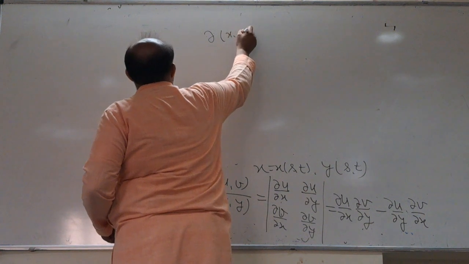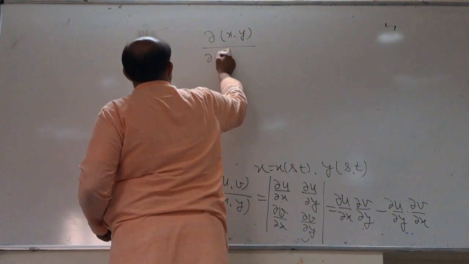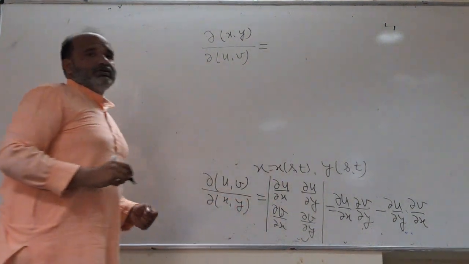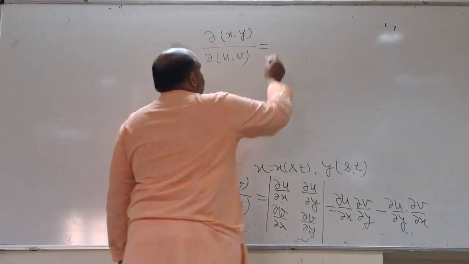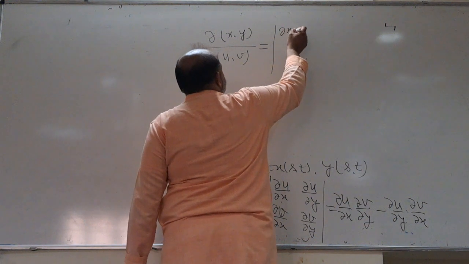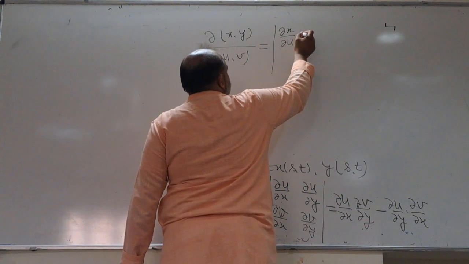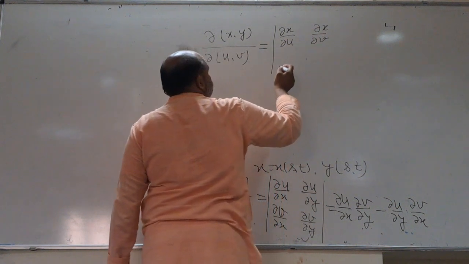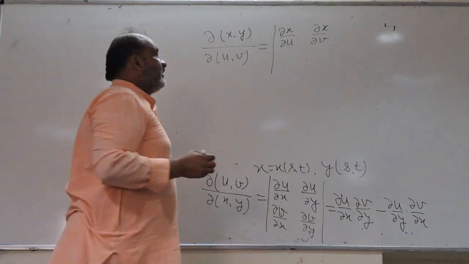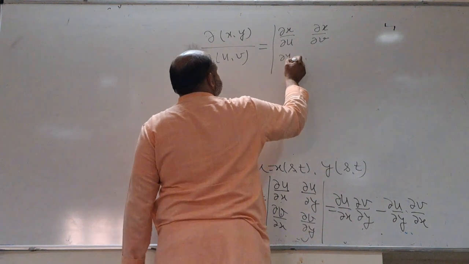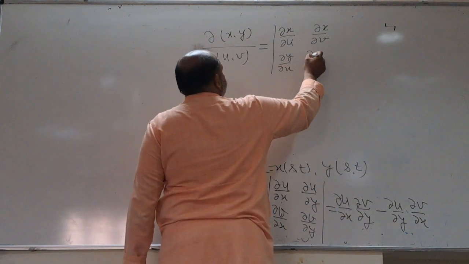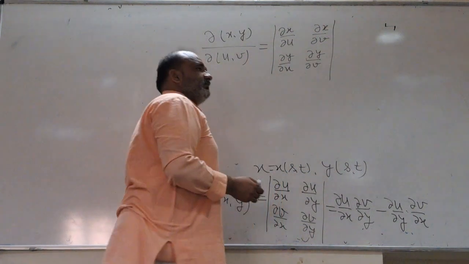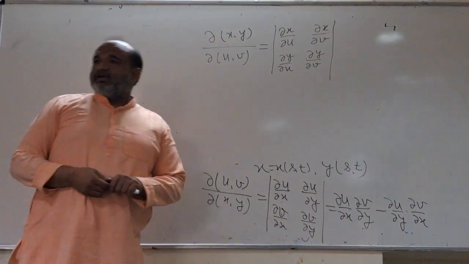This will be nothing but again the determinant of del x over del u, del x over del v, right? And then del y over del u, del y over del v, right? Okay.